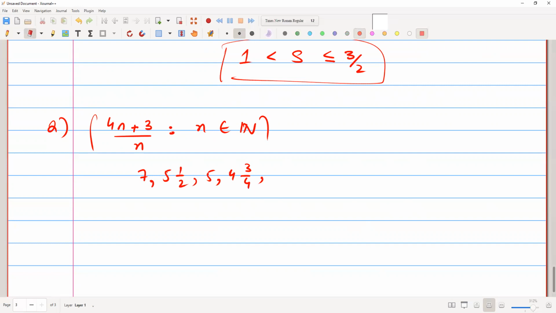Sorry, 4 and 3/4, 4 and 3/5, 4 and 3/6, and so on. So if we look at this set, we can just write it in this way: 4 plus 3 over n, such that n belongs to the naturals.